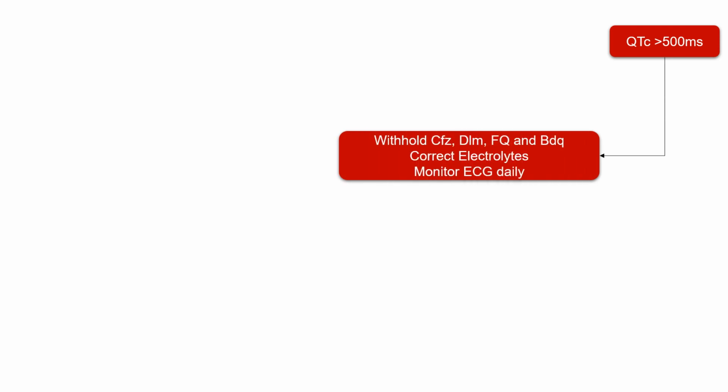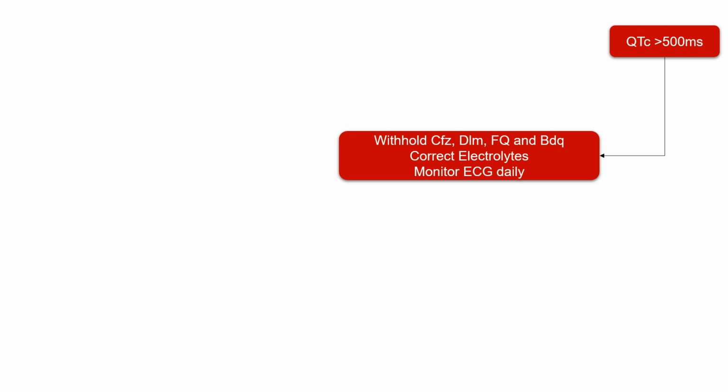So how do we exactly manage a case of QT prolongation due to antitubercular therapy? First we see how much is the corrected QT interval. If the corrected QT interval is more than 500 milliseconds, that means very high, we straight away withhold those drugs which can cause QT prolongation like clofazimine, delamanid, fluoroquinolone and bedaquiline. We correct the electrolytes.